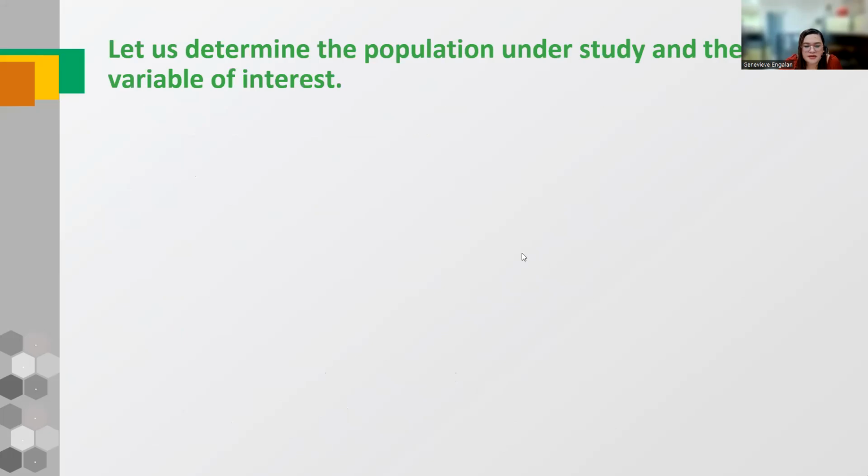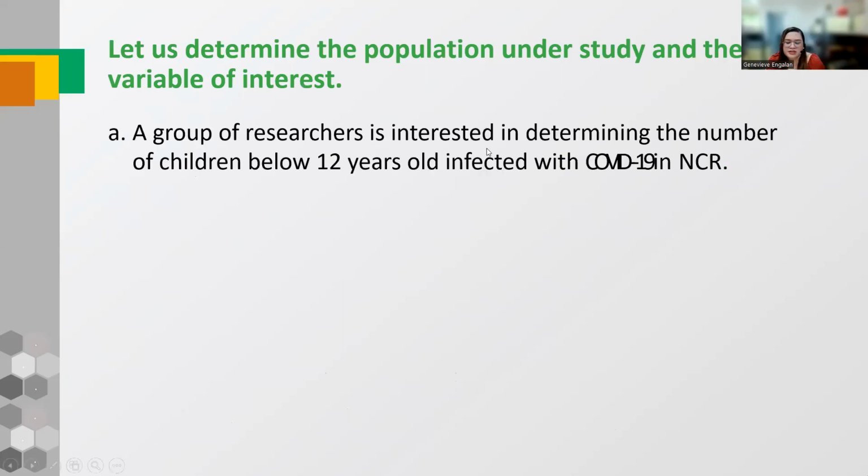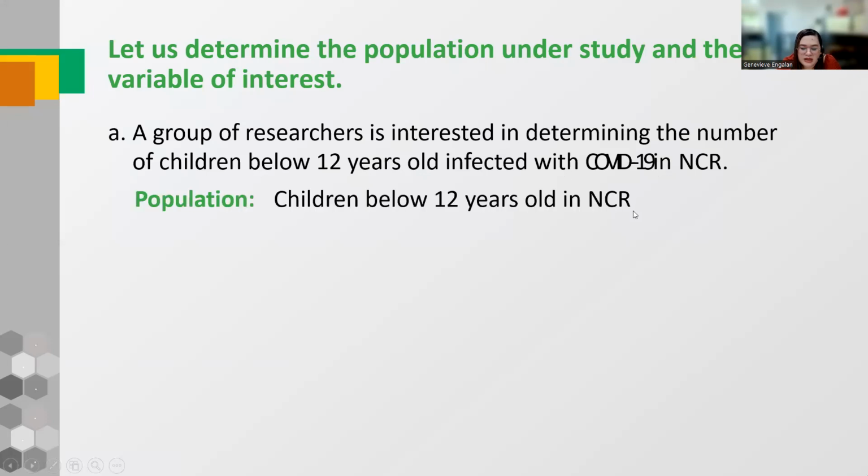Okay, so let us determine the population under study and the variable of interest. A group of researchers is interested in determining the number of children below 12 years old infected with COVID-19 in NCR. So what are the population under study and the variable of interest here? The population under study is the children below 12 years old in NCR.